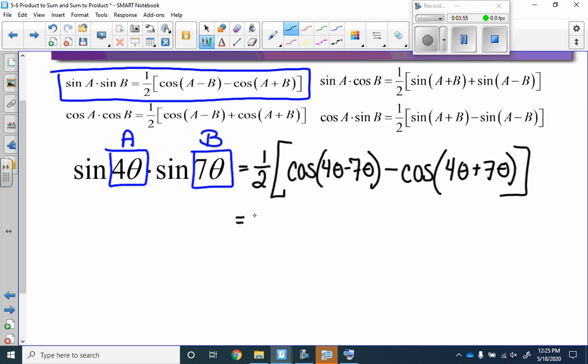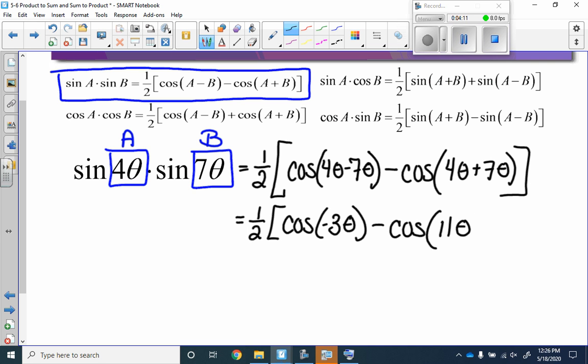We can go ahead and do a little simplifying. So I get the cosine of negative 3 theta minus the cosine of 11 theta. Now, one thing I want you to think back to is our odd and even identities.